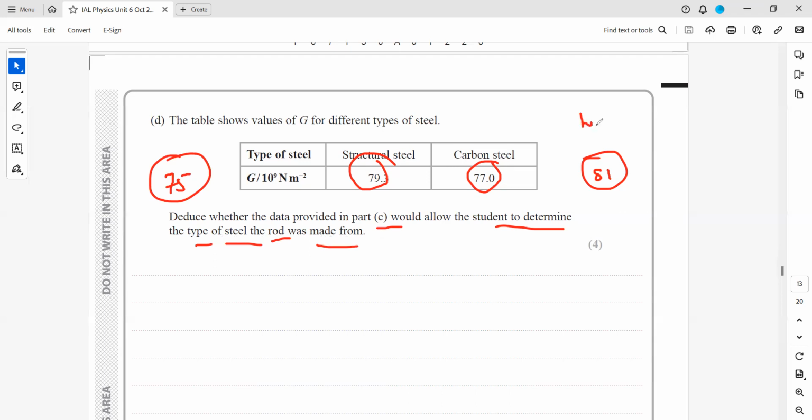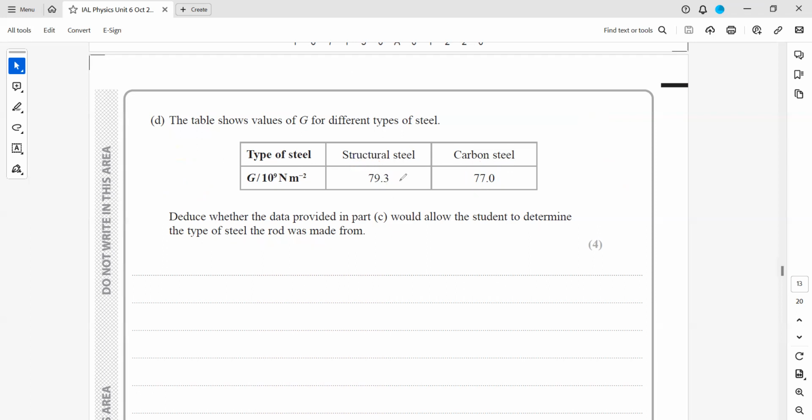If the upper limit and the lower limit are both within that range, it means we cannot determine, because the maximum value can be 81 and the minimum is 75, and both carbon steel and structural steel can lie within this range. So it will be difficult to determine whether it is made of structural or carbon steel.